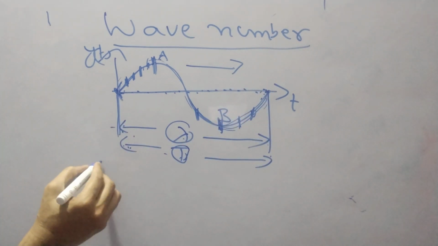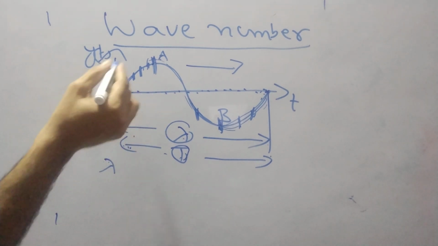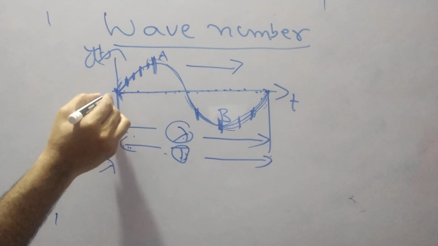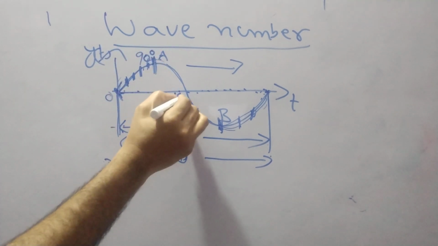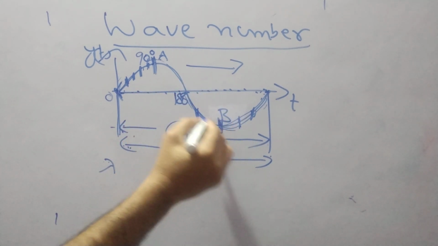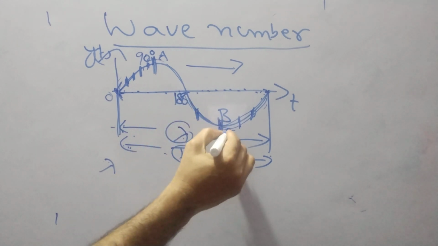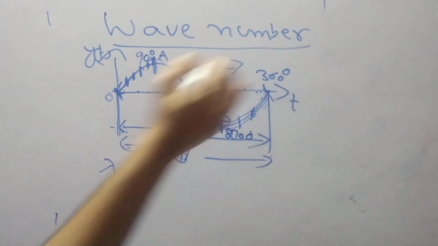Okay. Now one more thing: already in the previous videos I explained the phase difference also. This 0, 90, this 180, how it came was already explained in those videos. You can watch those videos. So this 180, this 270 and this is 360. Right.